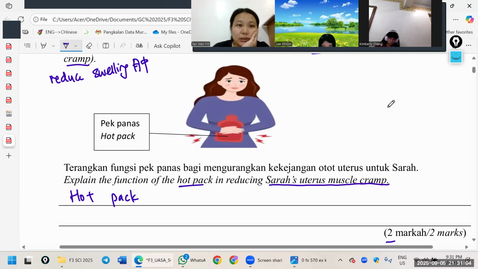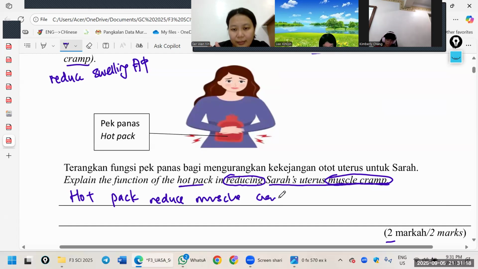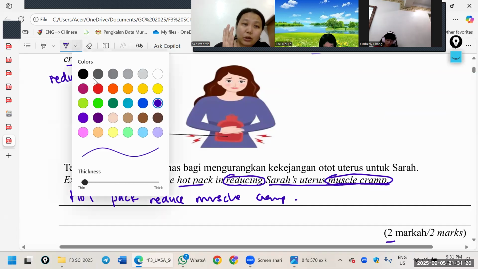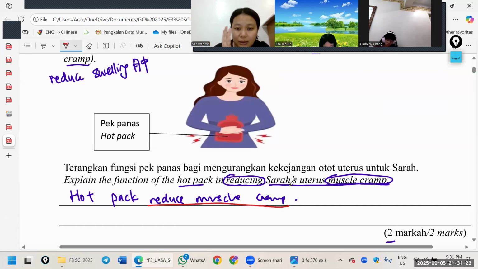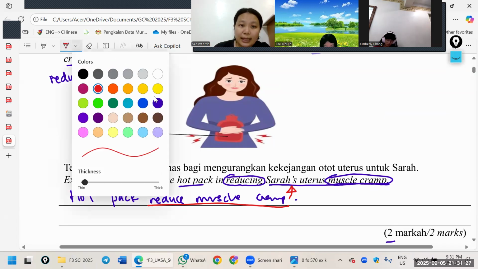Can reduce cramp. Yes, but they already told you reduce muscle cramp. So hot pack reduces muscle cramp. Sorry, no marks because you just repeat back the question. But very good. Yes, continue.